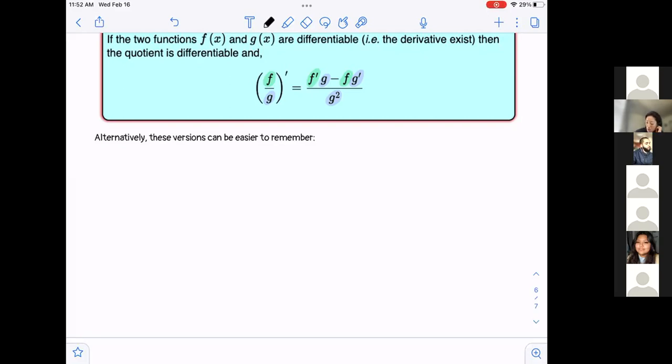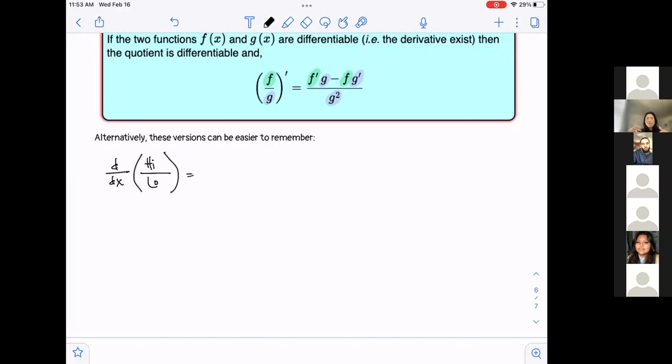I think traditionally the quotient rule is sort of the hardest one to remember. And so once upon a time, I had someone show me this. They called this the high function because it's above, and this one the low function because it is on the bottom, on the lower part.